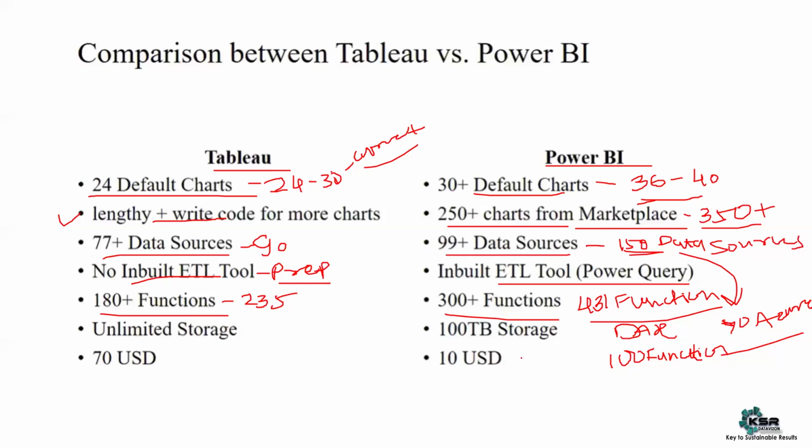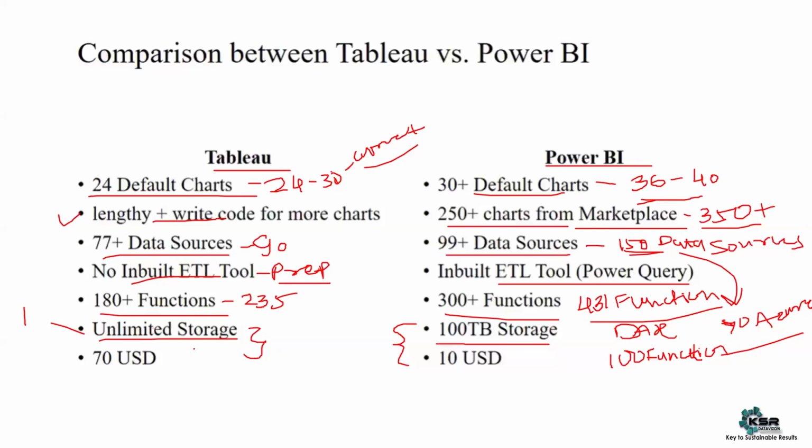Now, the most important factor: in Power BI, if you have a premium license, it might be premium per user, it might be premium per capacity, you can utilize 100 TB storage. If you compare Tableau, it is recommending unlimited storage, but still there is a limit.